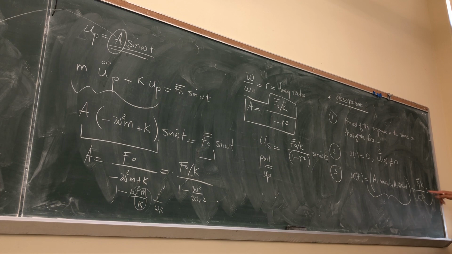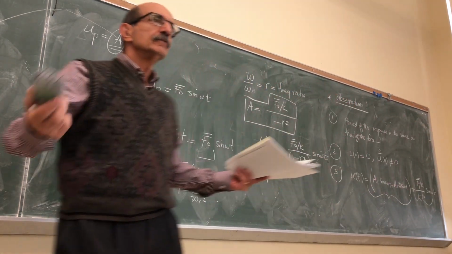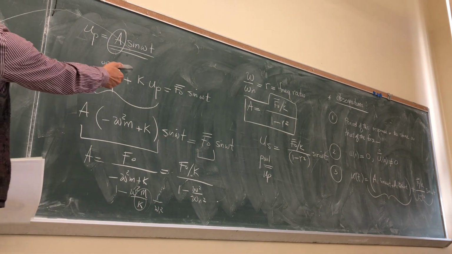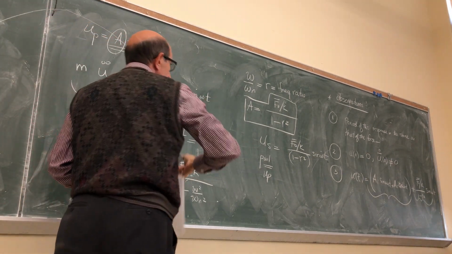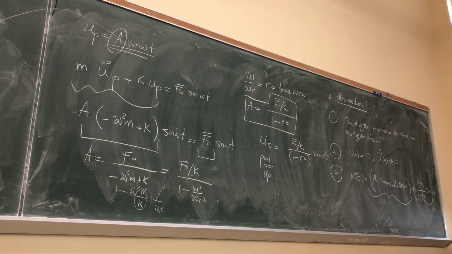So you need to have either an initial velocity or initial displacement or both to have this part. This one is not dependent on that. In other words, as long as you have a force on a system inducing a harmonic forcing function, it is going to continue to vibrate. So that's the third observation.